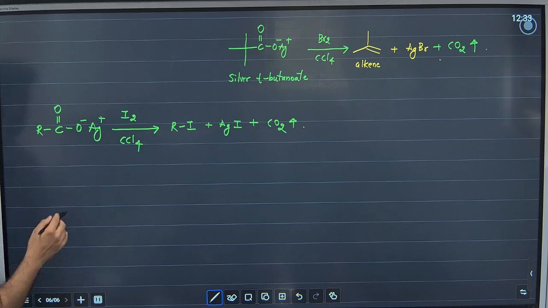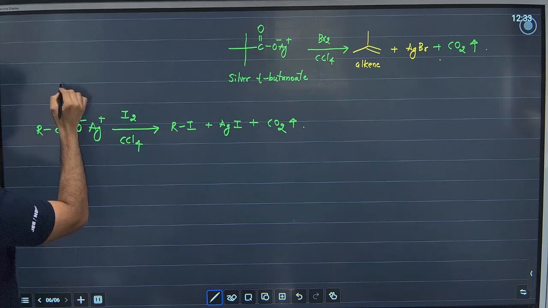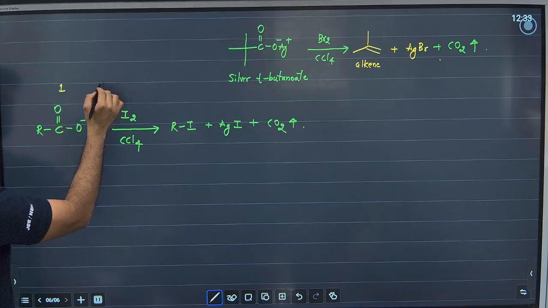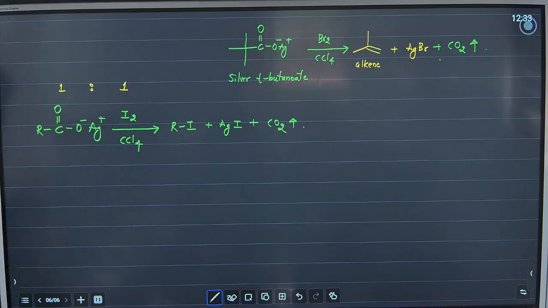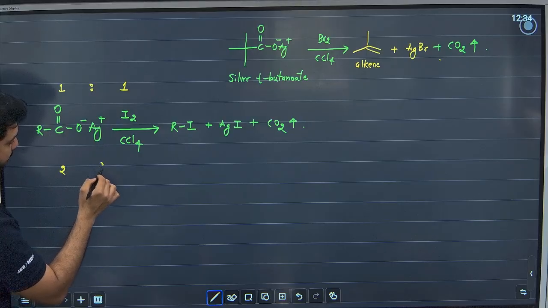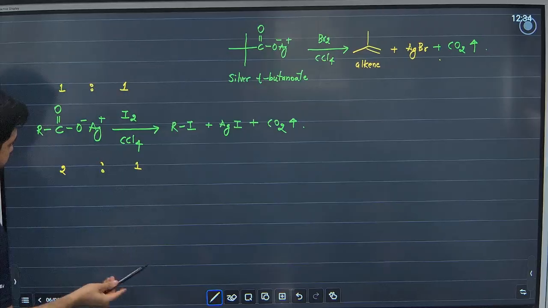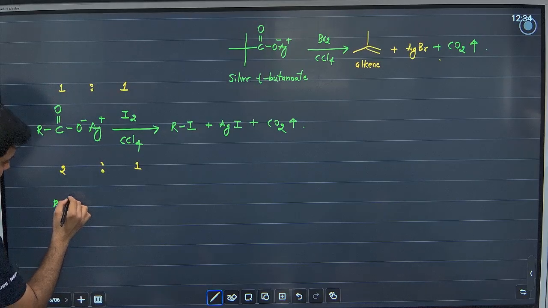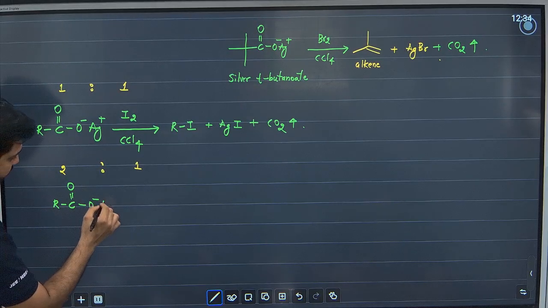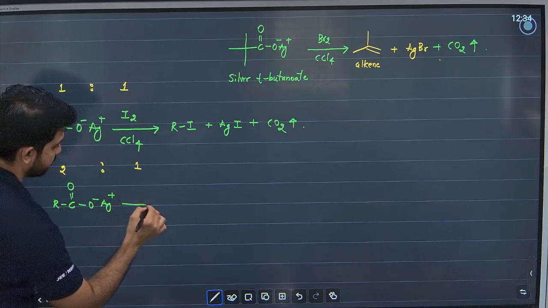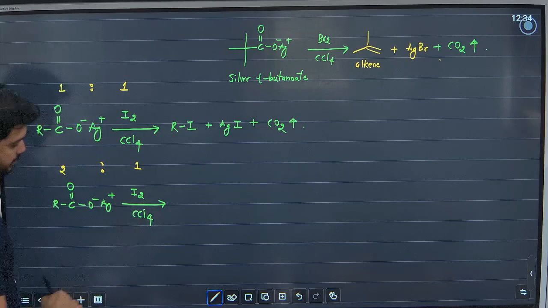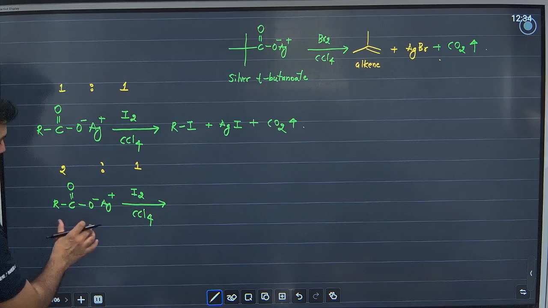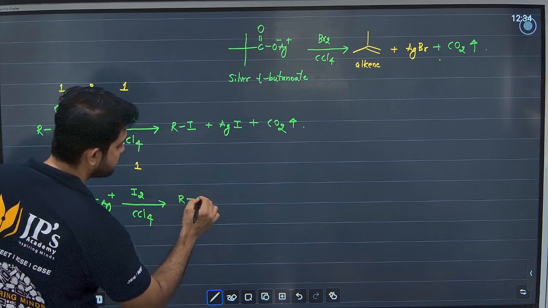But if you perform the same reaction, जैसे the molar ratio that we take is, let's say, 1:1. But if you perform the same reaction with excess of silver alkanoate, 2:1, what you get here is we get an ester.